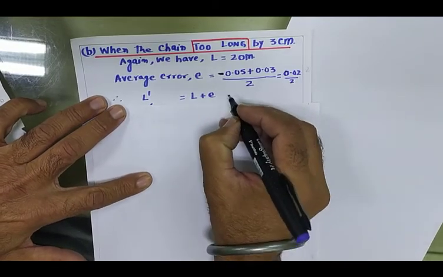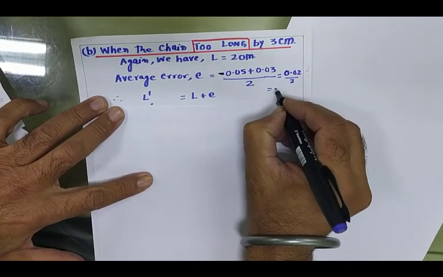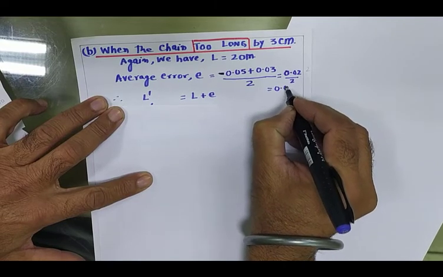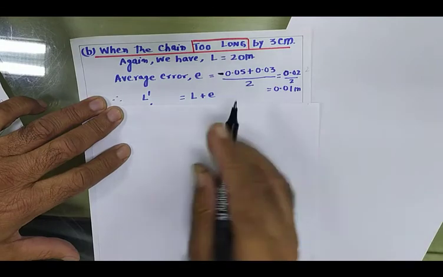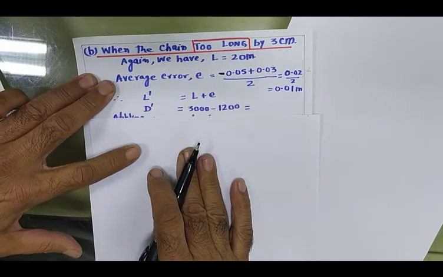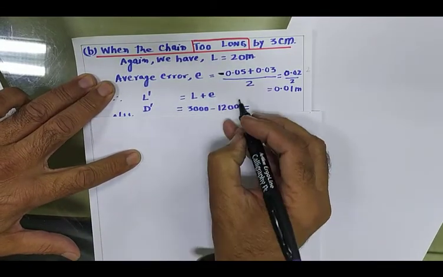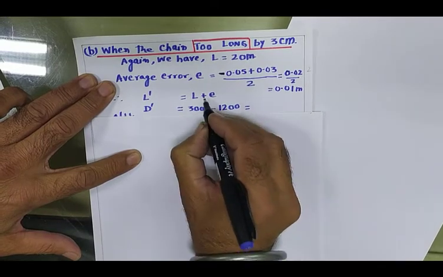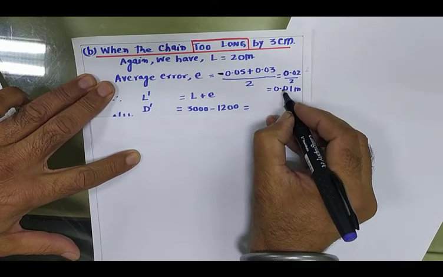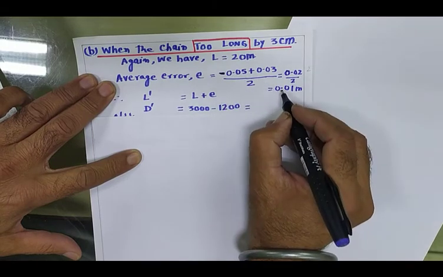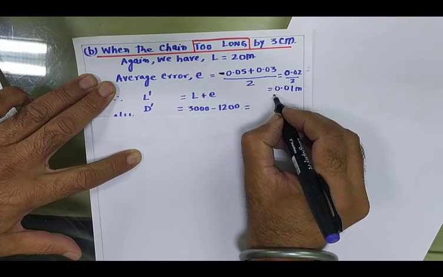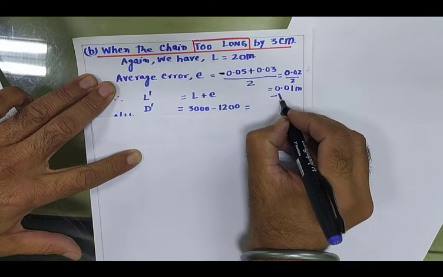So here the value of E is equal to 0.01 meter. Now we are going to calculate L dash. Here I have taken it as positive, but this value comes to be negative. See over here, minus is dominating, so you will take it as negative.